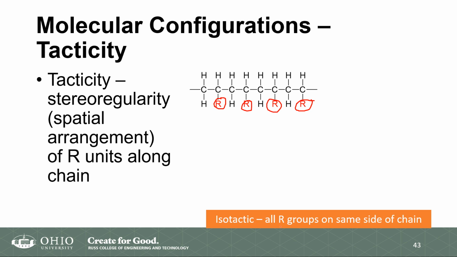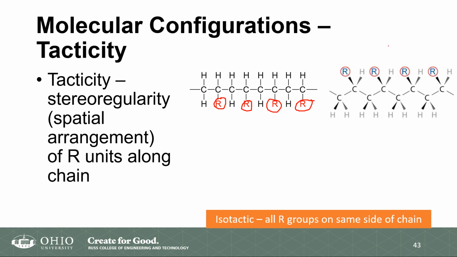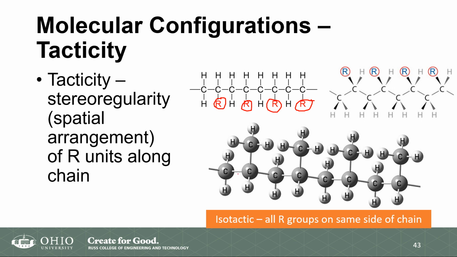And so if we're to represent this in 3 dimensions, what you will see is that basically you have your carbon backbone, and then all your R groups lie on one side of your axis. Okay, so that's the 3-dimensional representation. And if we were to use something like polypropylene as an example, you can see that all my CH3s, where my CH3 is my R group for polypropylene, lie on one side.